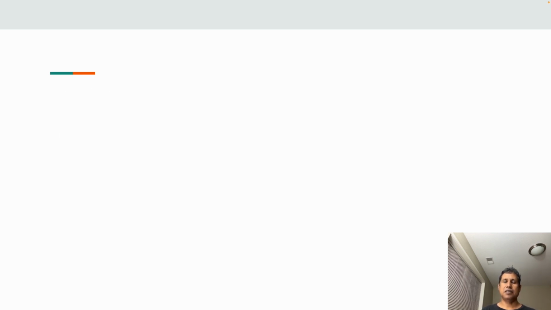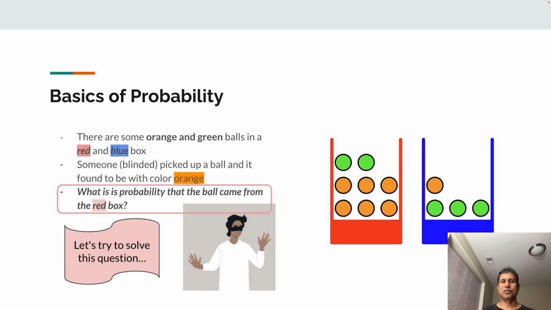Now, in the last part, we asked you to think about this problem, okay? You are given some orange and green balls in 2 boxes. One of those is a red box and the other one is a blue box. You picked up a ball and it turned out to be orange. We asked you to estimate the probability that the ball came from the red box, okay?